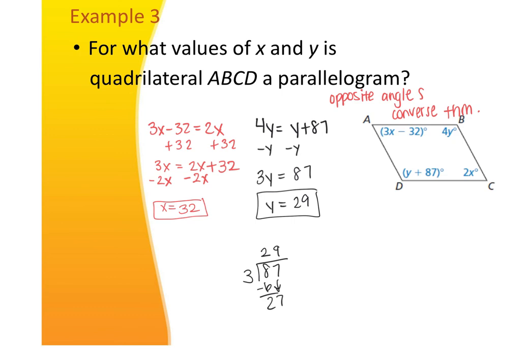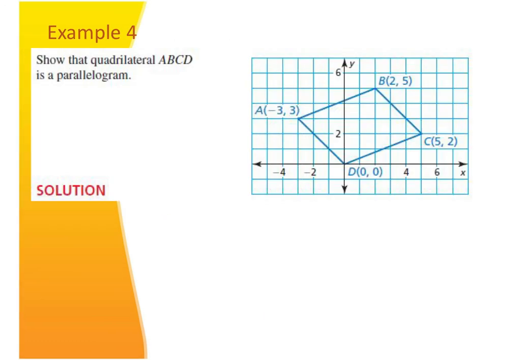Okay, last example, peeps. Last example. If we have opposite parallel sides, so if we can prove that this is parallel to this, and this is parallel to this, then we're golden, okay? What else could we do to prove that it's a parallelogram? Savannah?